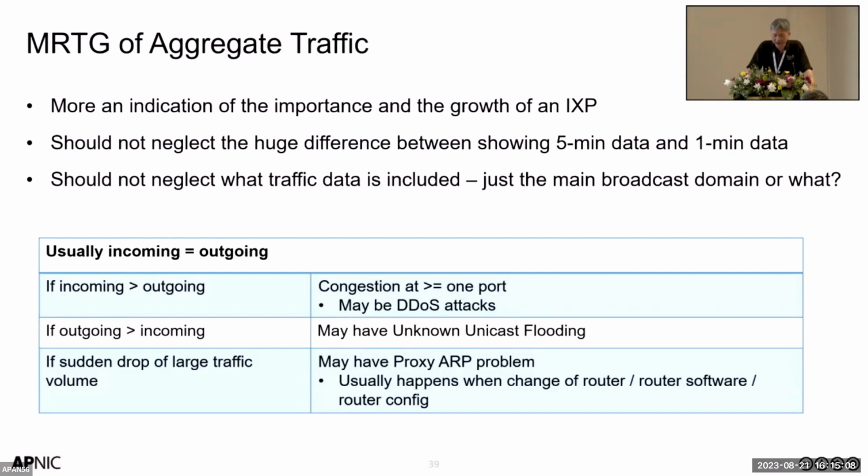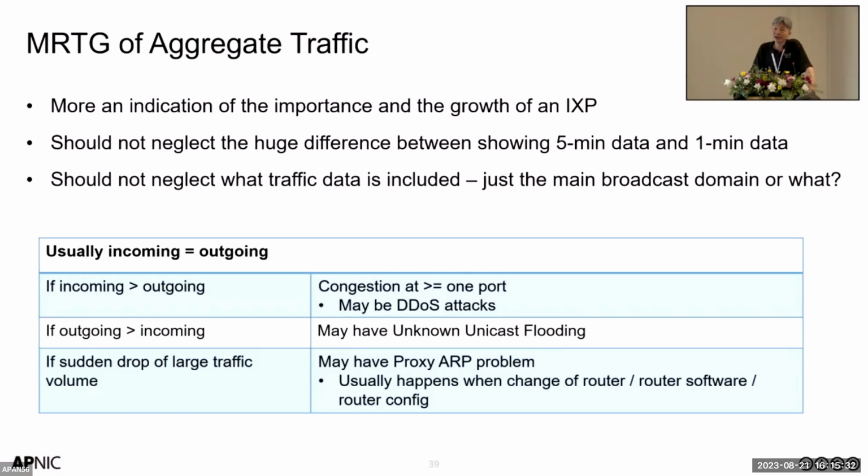But if the incoming is larger than outgoing, that would mean there's congestion in one of the ports at the very least. There may be a DDoS attack. So when you see that, you would probably go to see the traffic of the ports, and then you can certainly find, okay, yeah, there is congestion in one or more ports.